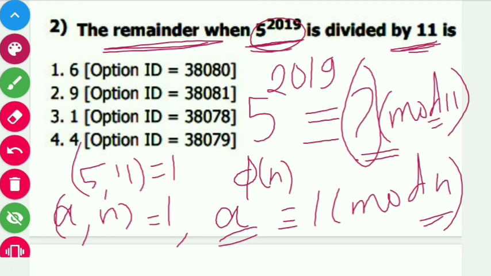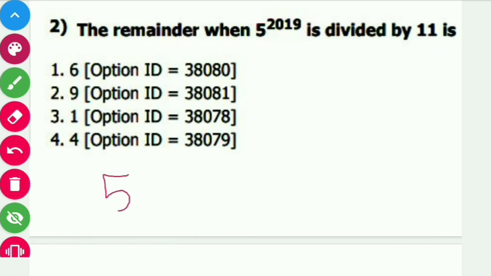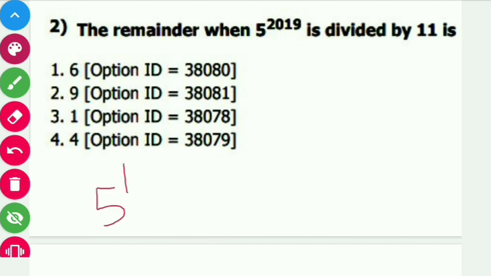So by this theorem, we have 5 raised to phi of 11 is congruent to 1 mod 11. But what is phi of 11? Just note that phi of P, where P is a prime, is equal to P minus 1. So 5 raised to 10 is congruent to 1 mod 11, right?